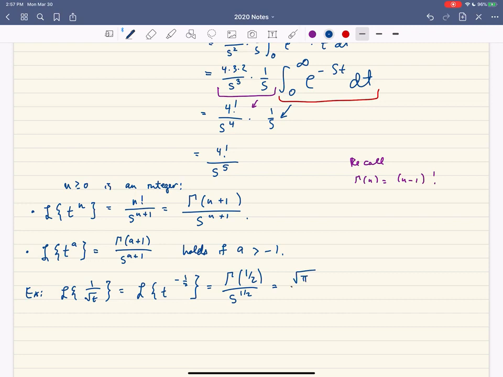So this is square root of pi over square root of s, or if you like better, you could write this as square root of pi over s. This is only valid if s is positive, so we need a to be greater than negative 1, and we need s to be positive just in general. So that's how we'll find the transform of powers.